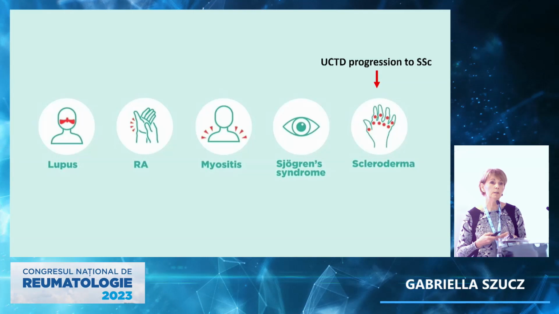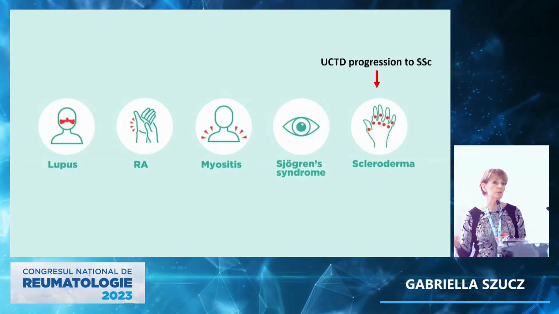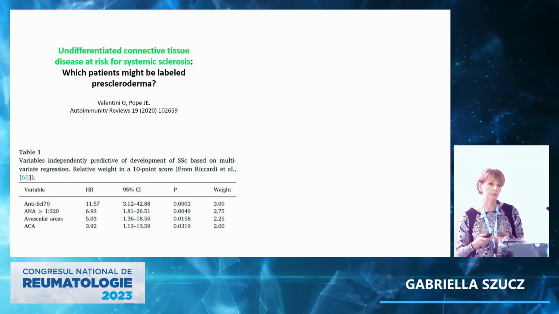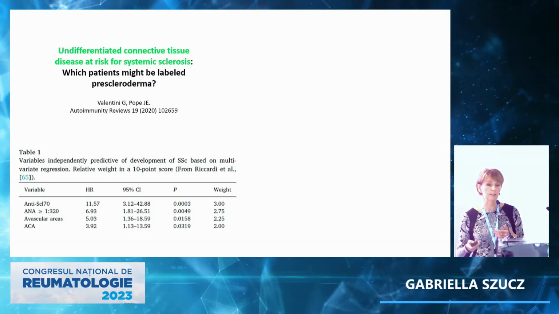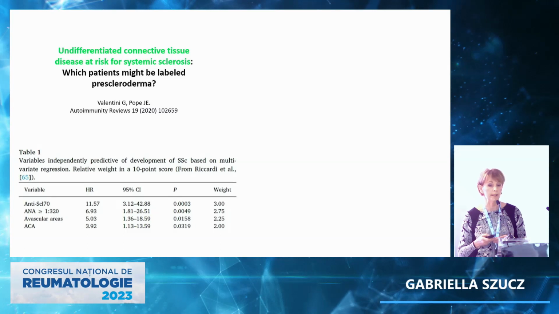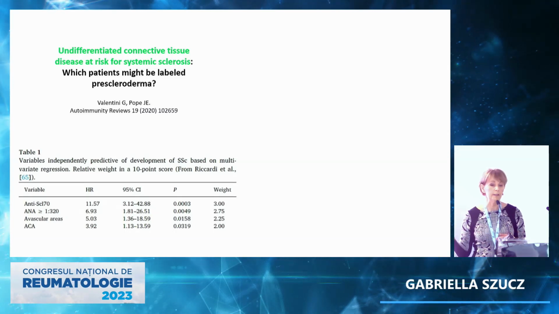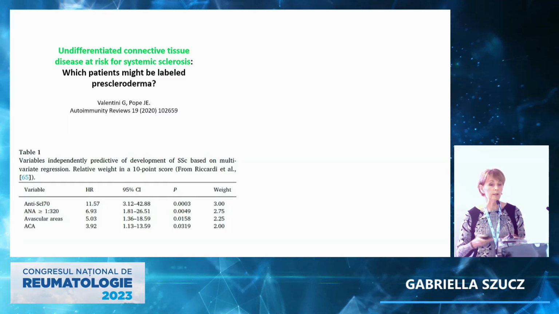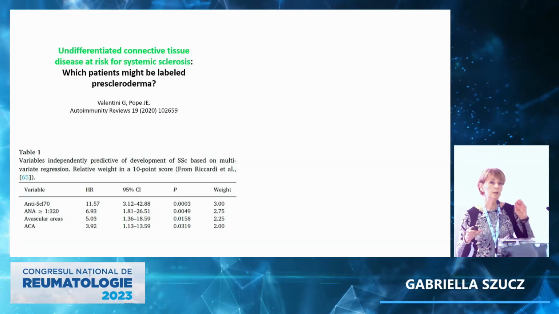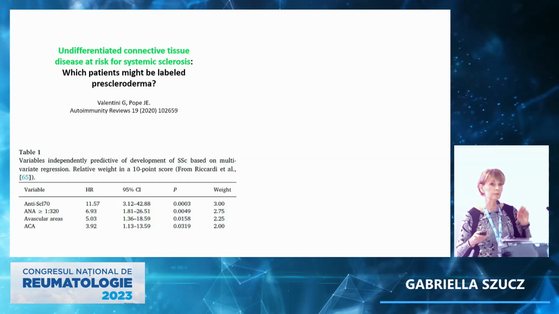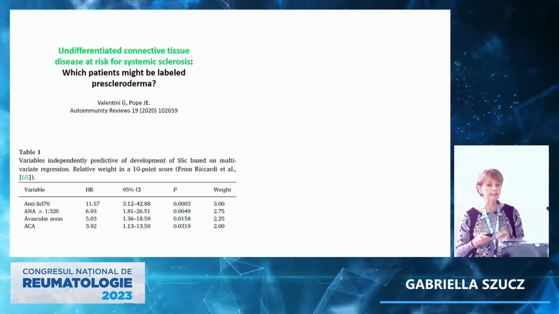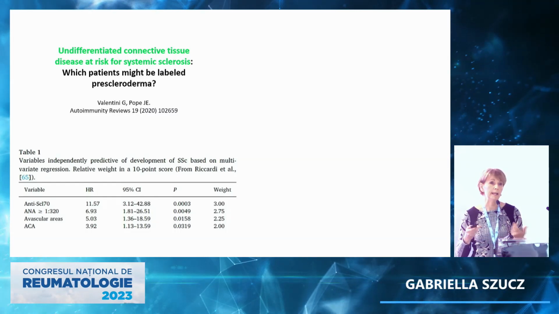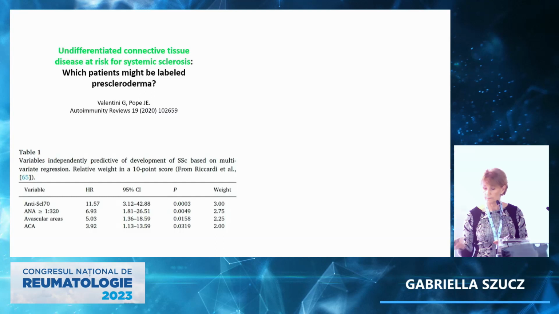What about the progression to systemic sclerosis? We know some risk factors towards systemic sclerosis, and this is the anti-topoisomerase antibody with a really high relative risk ratio, higher than 10, antinuclear antibody higher than 1:320, avascular areas on the capillaroscopy pattern, and anti-centromere antibody.